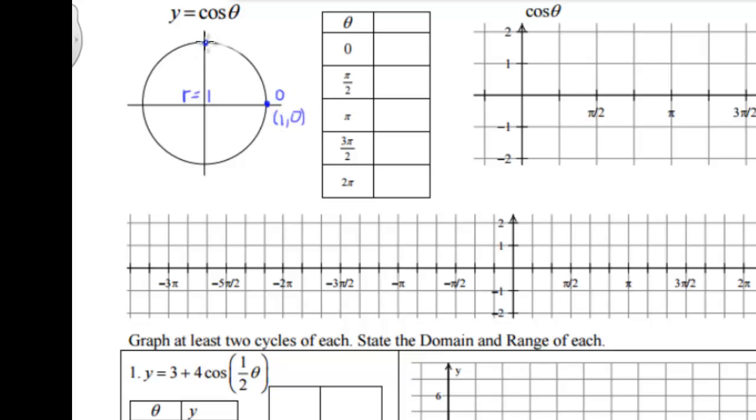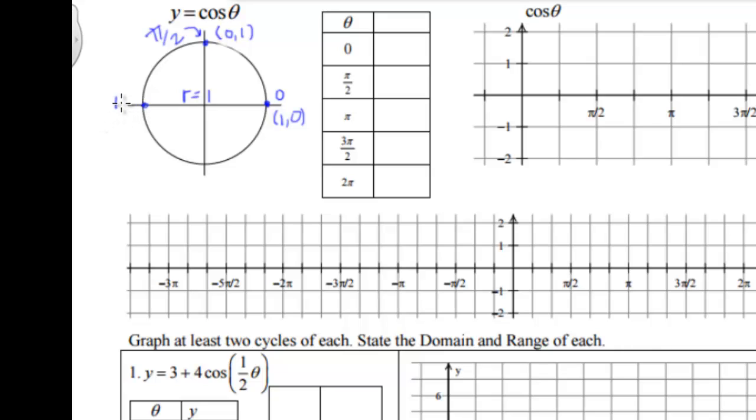Then we'll do that at each of these. Up here, the angle is pi over 2, and the point is 0, 1. Over 0 from the origin and up 1.